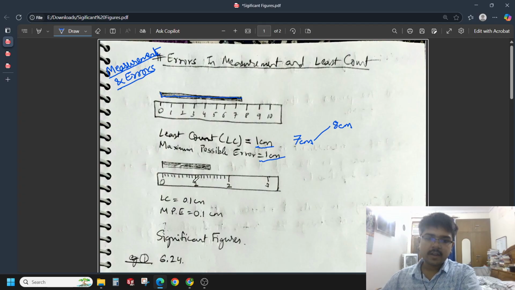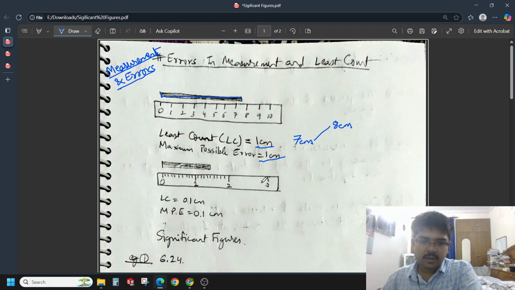Now we will take another object and measure it by a scale which has gradations in 1 mm. So we see that this object is 1, 2, 3, 4, 5 gradations away from 1.